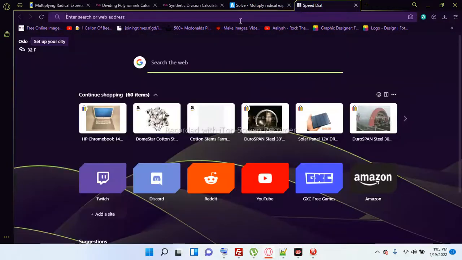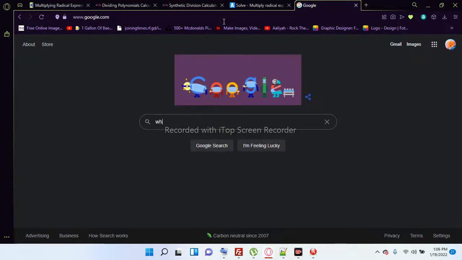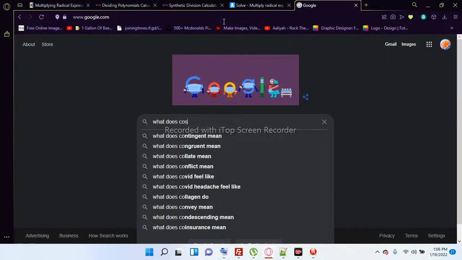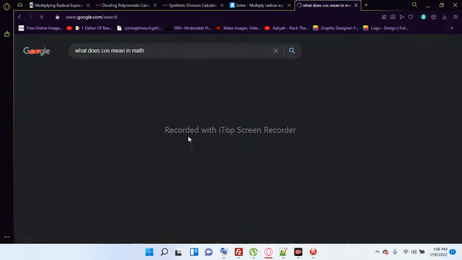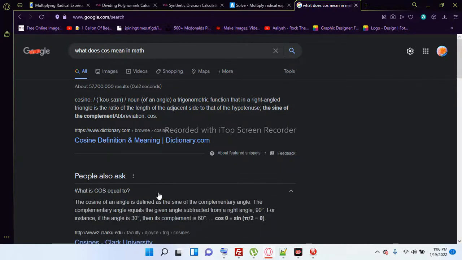Let's find out what COS means. What does COS mean in math? Ratio of the adjacent side of the complement, abbreviation COS. COS is equal to an angle.